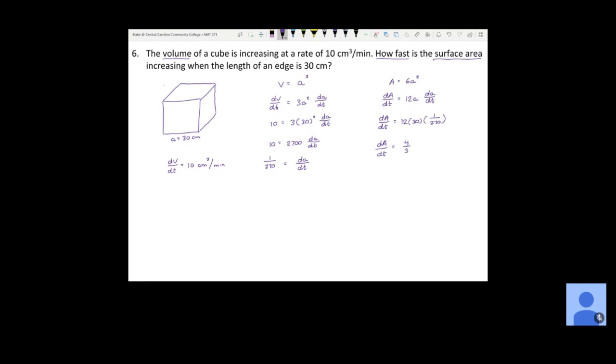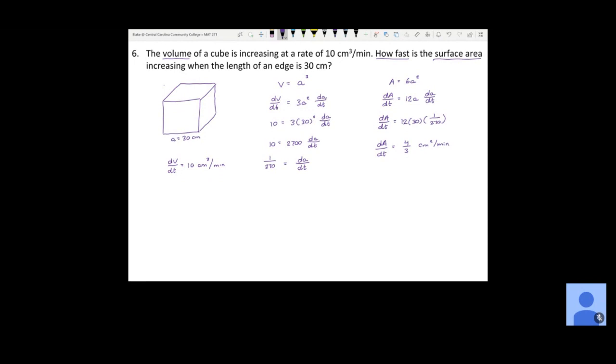Right, and then what would our units be on that rate of change? Okay, almost, right? So remember, this is a rate of change of a surface area with respect to time. Centimeters squared per minute, right? So this is going to be centimeters squared per minute.